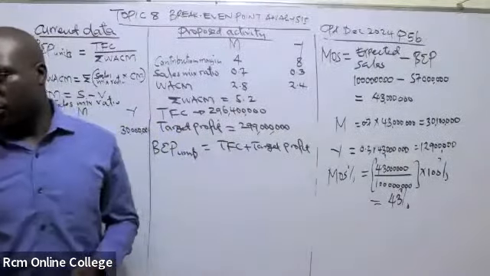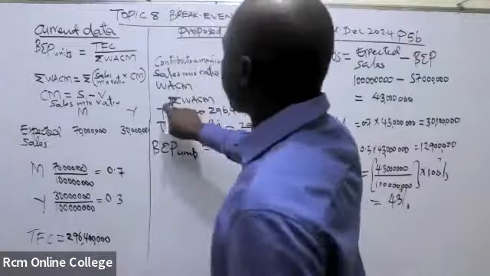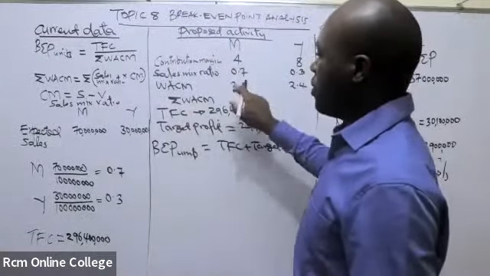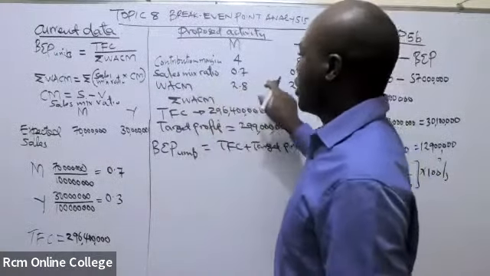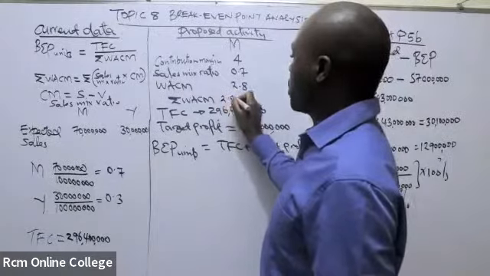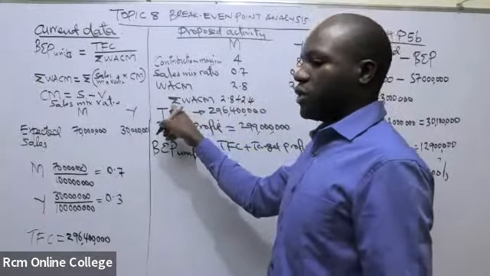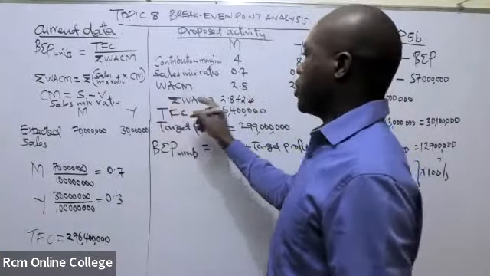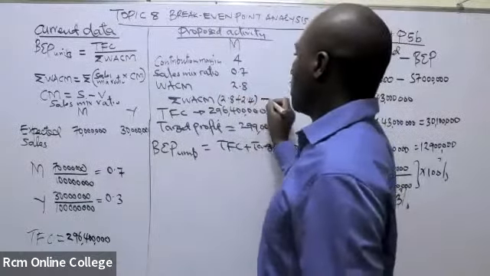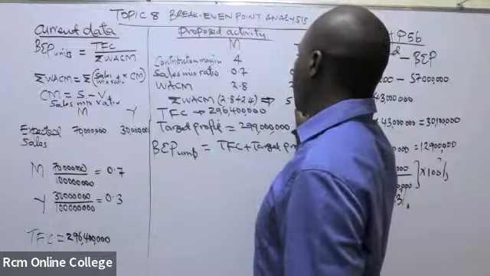How did you get 5.2? So 5.2 is the summation of weighted average contribution margin. So when I take 2.8 plus 2.4, that is what's called the summation. When I add these two, it should be giving you 5.2, unless it is a different figure.